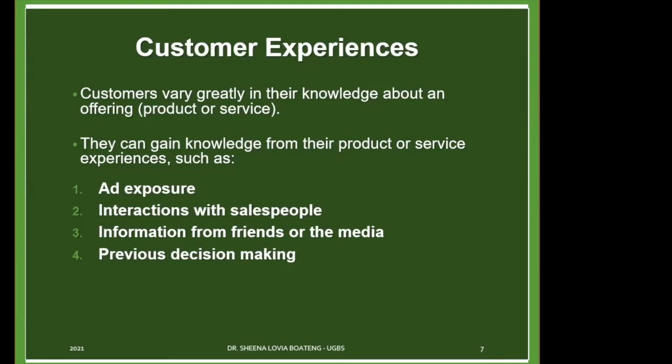In doing so, you come by a lot of information that you store in your mind as knowledge. In the event that in future you decide to purchase the said product or service again, you can fall back on these experiences and knowledge to help you make an informed decision. So that is it for previous decision making.